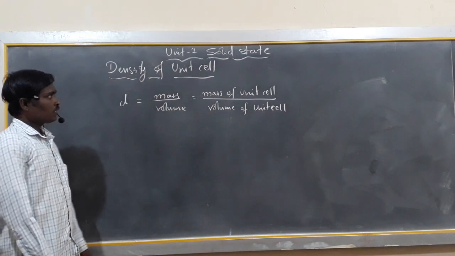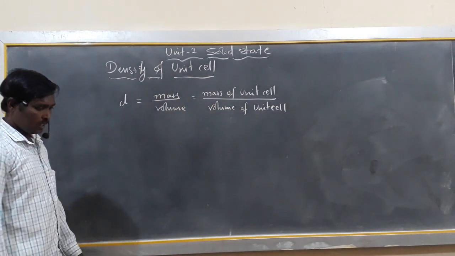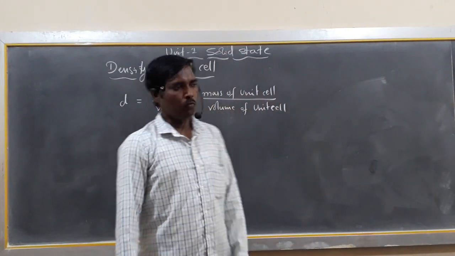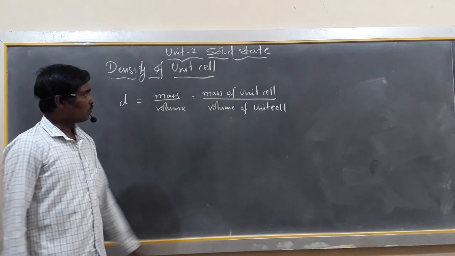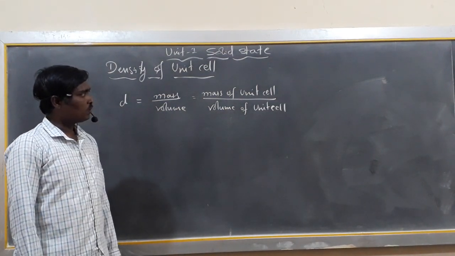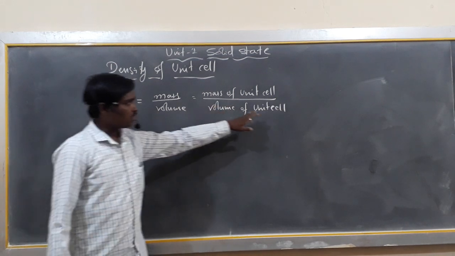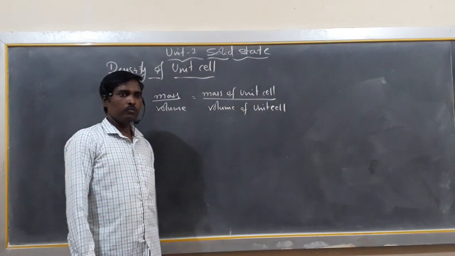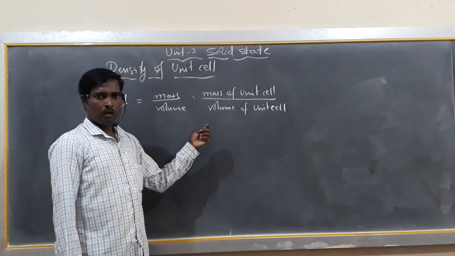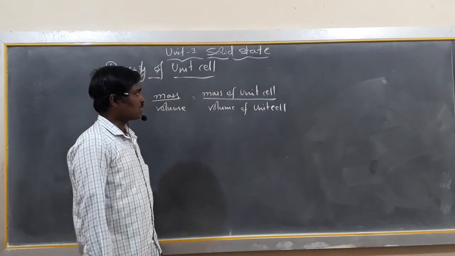The mass of unit cell means the mass of all the particles present in that unit cell. The unit cell is a cube, because we are discussing the cubic system. The volume of unit cell, we know, is length into breadth into height, where the length, breadth and height are the same.